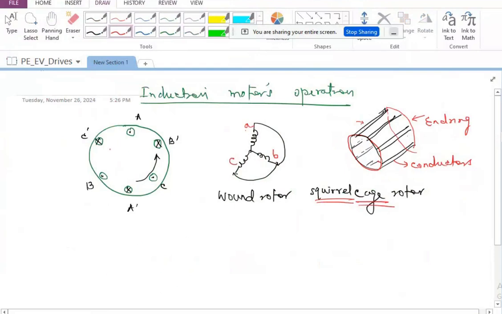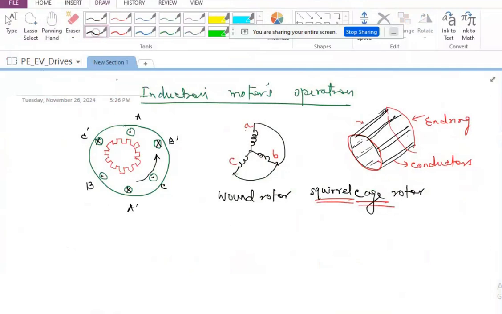So what happens in the rotor is I am going to have the rotor also having slots at the outer periphery like this. So I'm going to have rotor slots. Let me draw this completely. So these are the rotor slots which are carved at the outer periphery of the rotor.